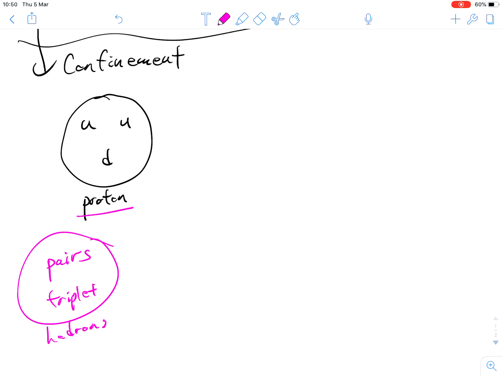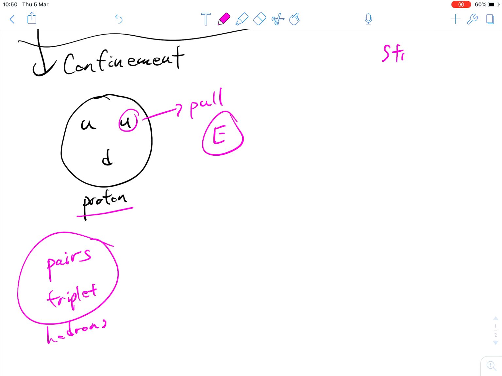And what's going on here is, imagine for a moment that we are going to exert some energy to pull this up quark away from our proton. We have to exert a certain amount of energy.